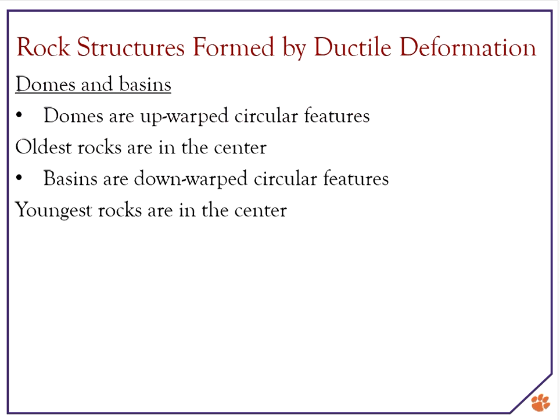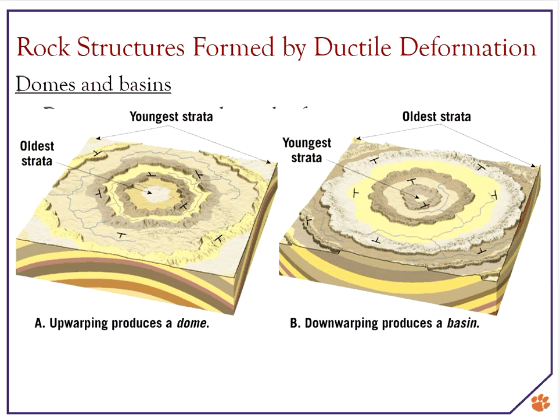Another type of rock structure formed by ductile deformation is domes and basins. Domes are upwarped circular features, so they look more like a hill. And basins are downwarped, so they look more like bowls. By looking at this figure, we can identify different properties of domes and basins. Here on the left, we see a dome, and the layers would look like this.